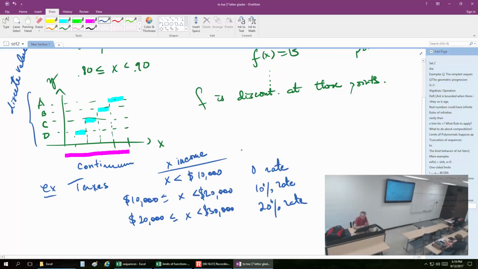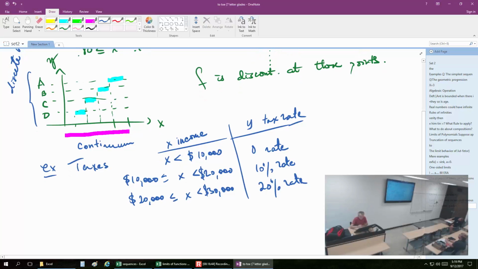These are x's and these are y's. The x's are your income, and the y is the tax rate. Suppose in some hypothetical location this is how the tax rates are computed. So any comments?